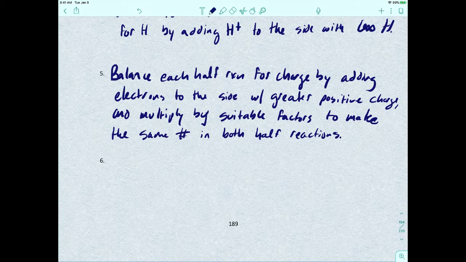Okay, and then once we do that, add the two half reactions together.